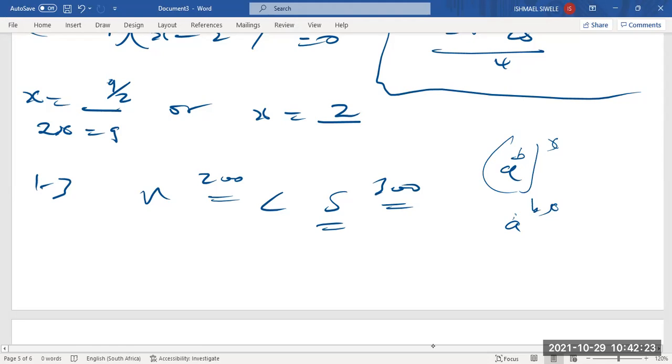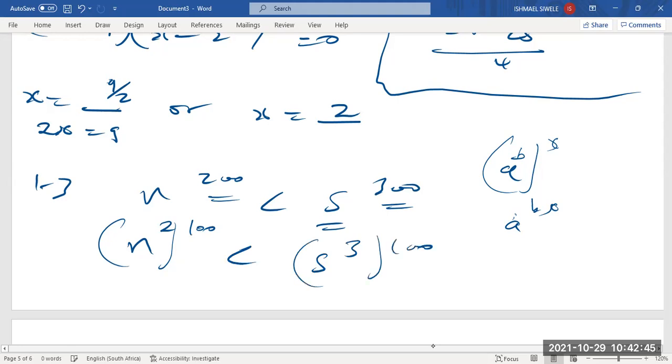In what sense? I'm going to have n exponent 2, raised to 100, such that 2 times 100 gives me the 200 there. And then this is less than 5 exponent 3 raised to the exponent 100. These two are to the same exponent.